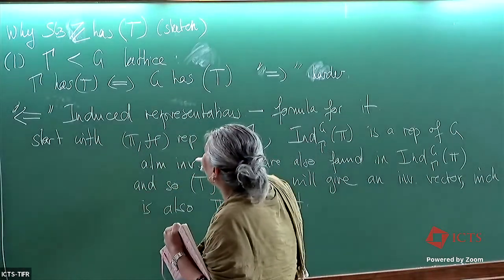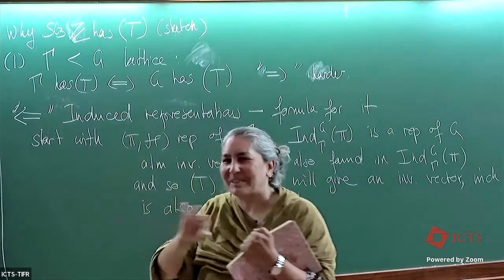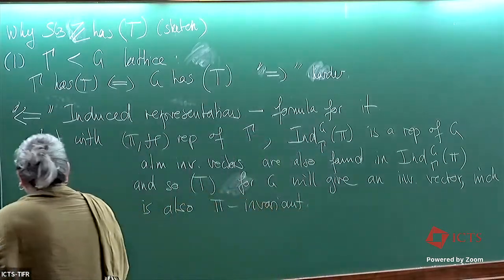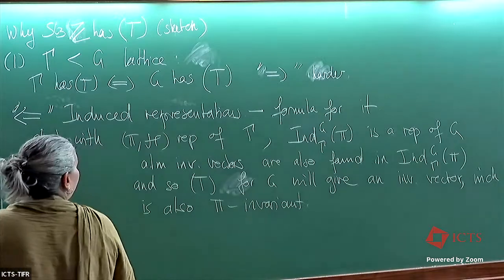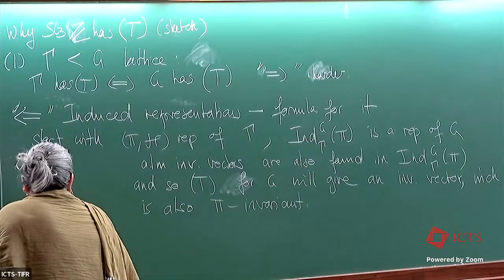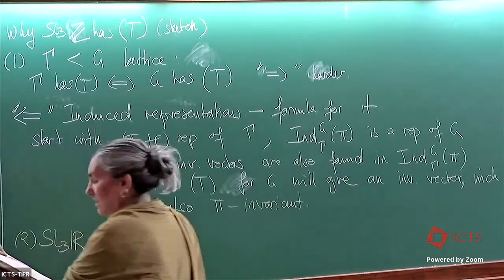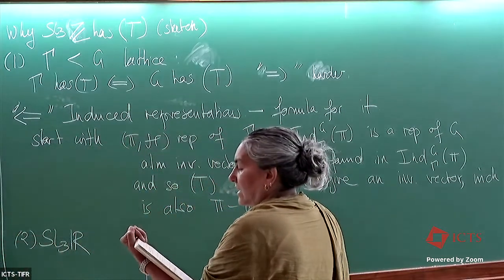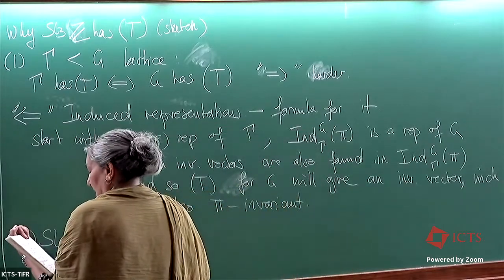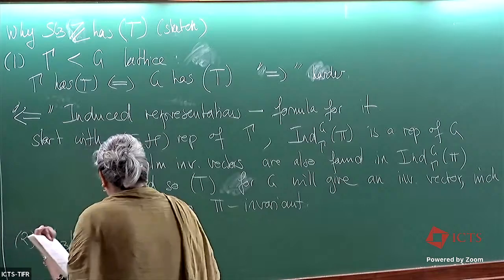So first you show that property T goes down to lattices, and then you have to study SL3R. So how do you study SL3R? First, you need to study the following subgroup.